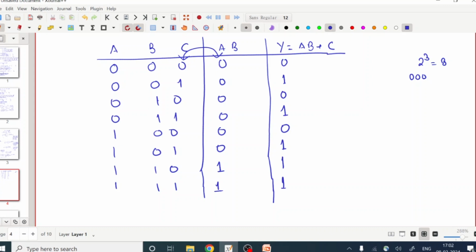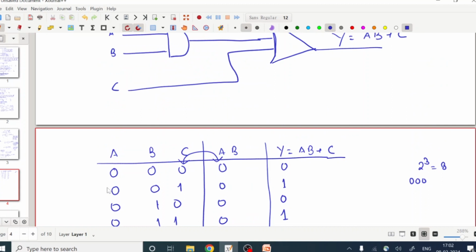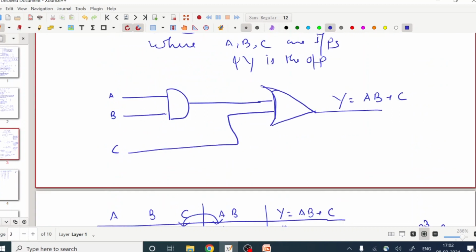So this means that for the input combination 0 0 1, the output is 1. Let us see what the output is when the value is 0 0 1. When A and B are 0, 0, the output of the AND gate is 0, because both inputs are 0.